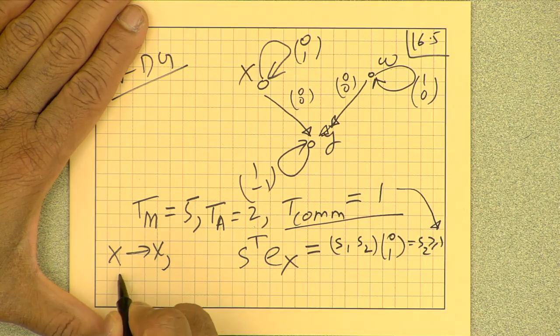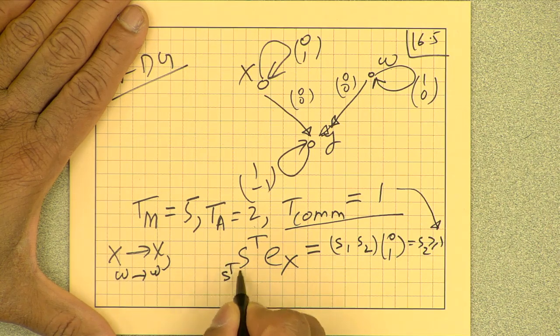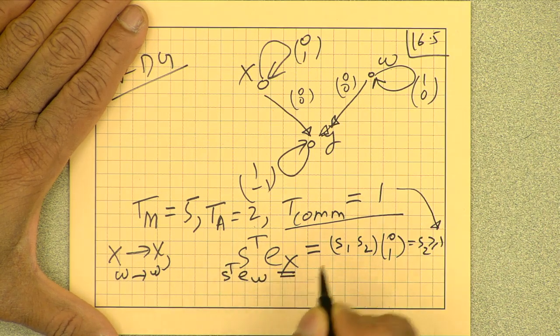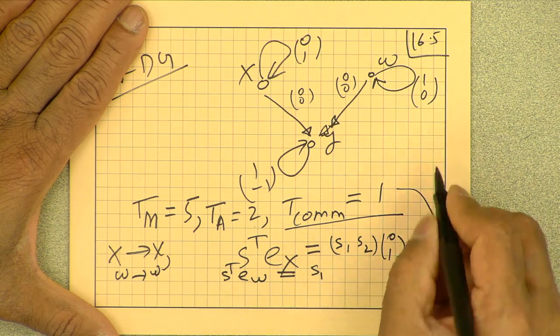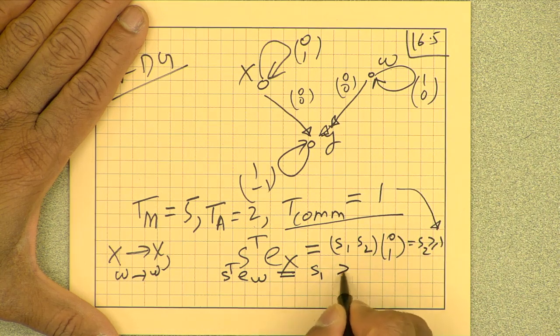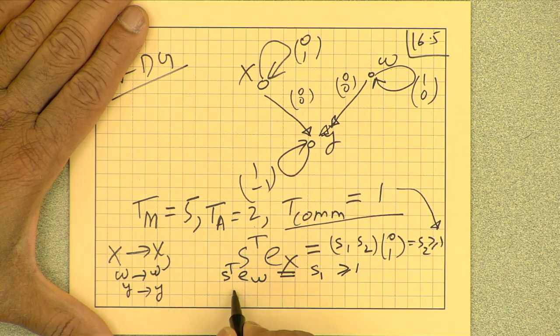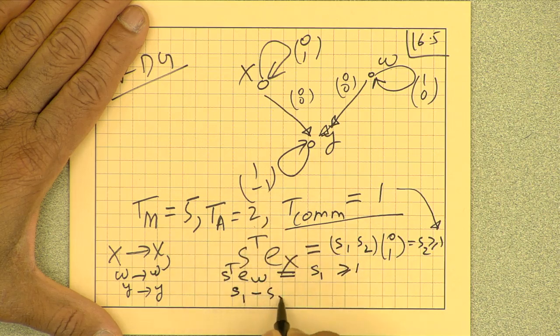If I take the edge from W to W, so S transpose E W should be equal to, well, I can just write S1, S2 multiplied by 1 0, and that should be greater than or equal to 1, and Y to Y, that one should be S transpose, so that is S1 minus S2, okay, should be greater than or equal to 8.